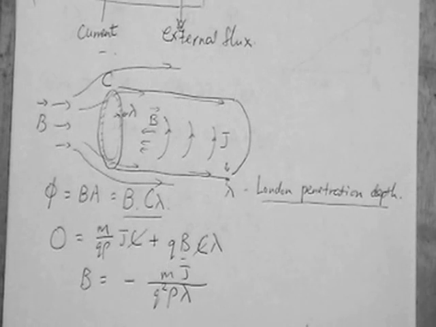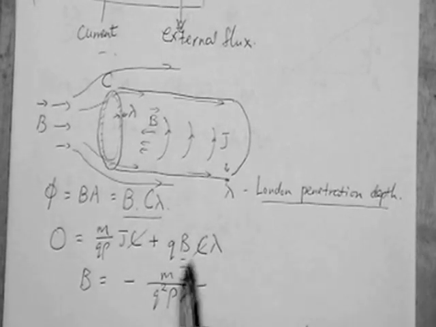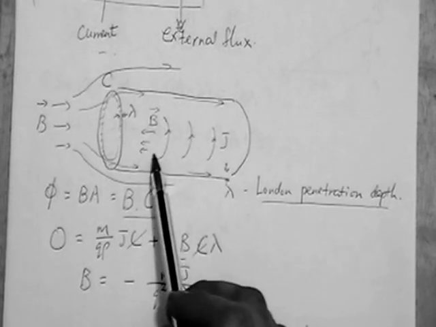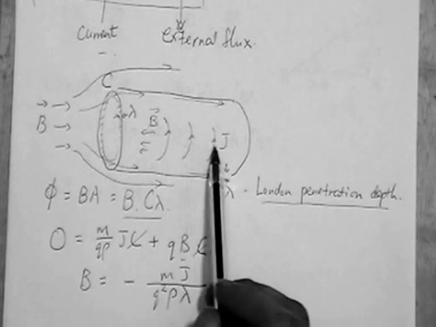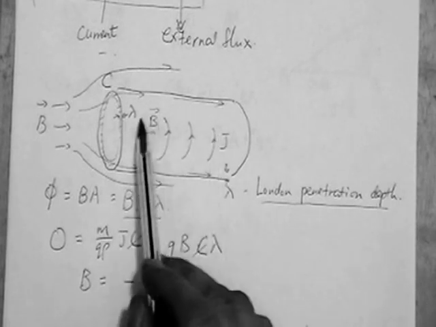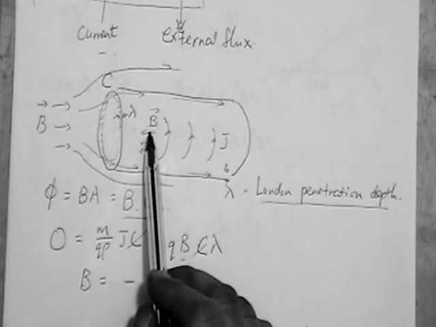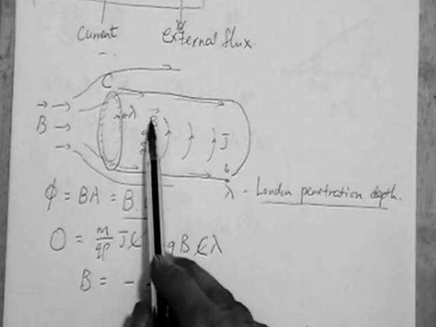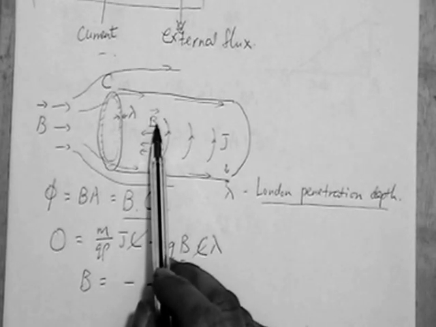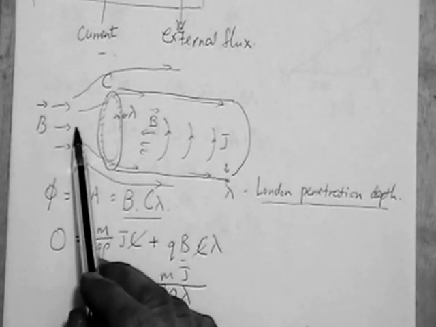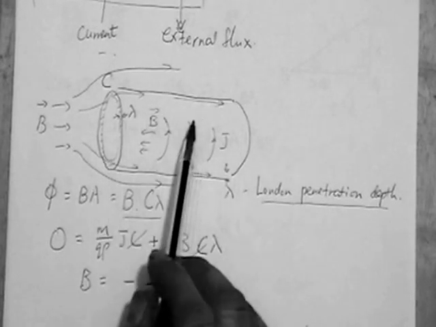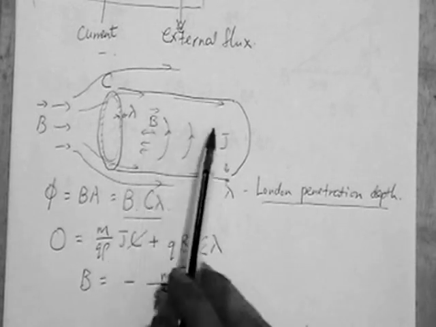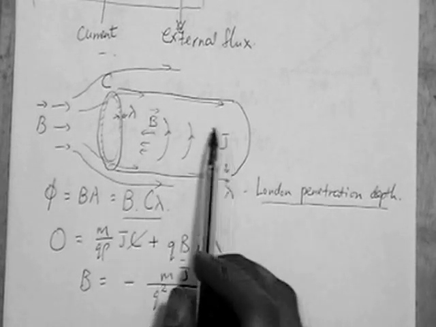Now next, we are going to think about this current density J. Now these currents are supposed to produce a field inside the body that we know is equal and opposite to the external field, so that the field inside the body becomes cancelled and equal to 0.